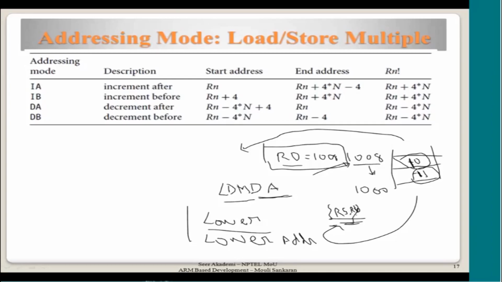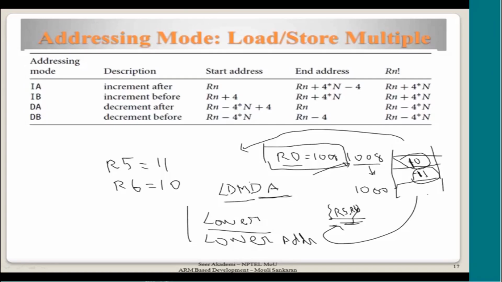In these two registers, which is the lower register number? R5. So this is the way it is implemented. Believe me, R5 will get what? 11, because it is going to access from the lower address, and for R6 it is now very trivial to say what R6 will get. It will get 10. Now this is the way. It was a decrement after, so it is happening like this.